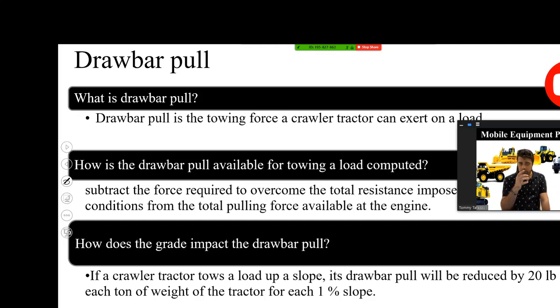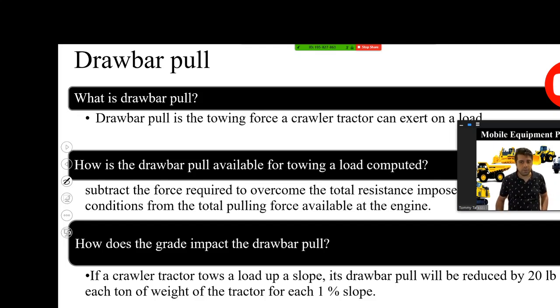It will be reduced by 20 pounds for each ton of weight for every 1% of slope, okay? So obviously if it is 5%, it will lose more power. And 20 must be multiplied by the weight, which is measured in tons.